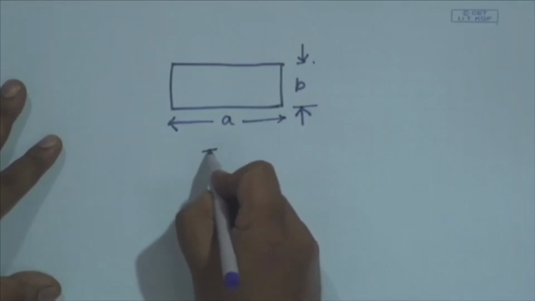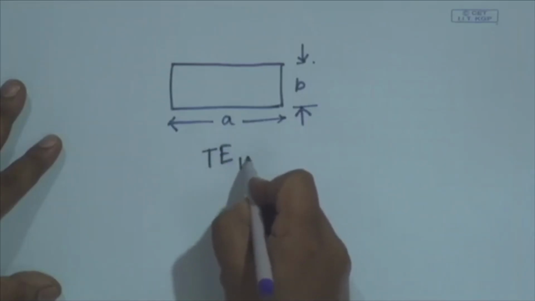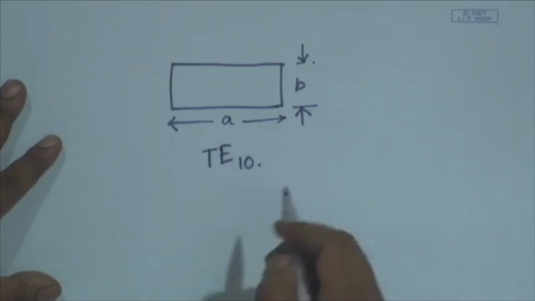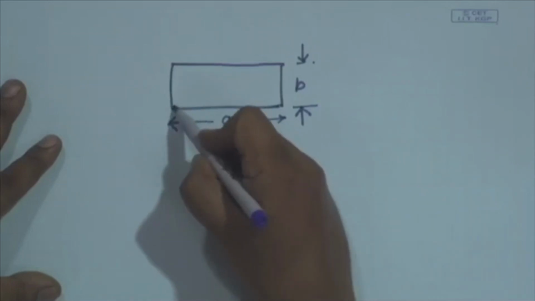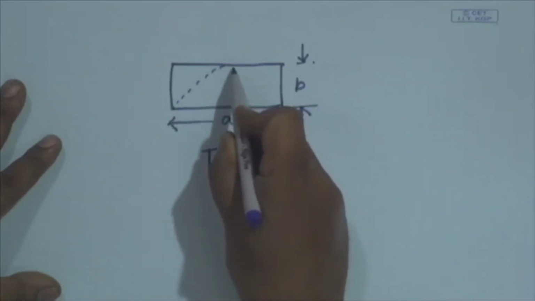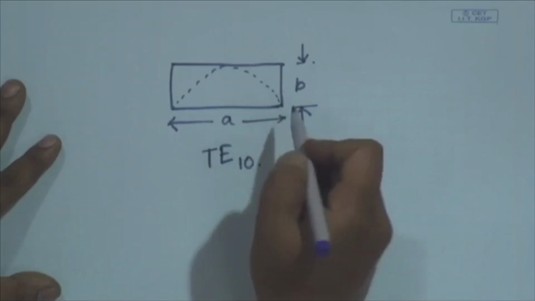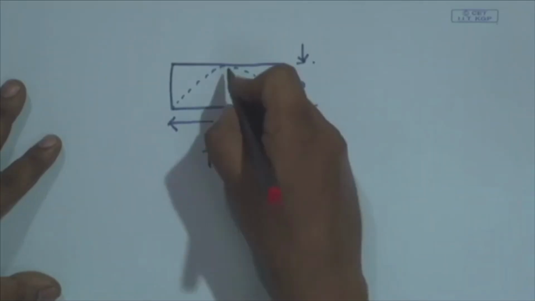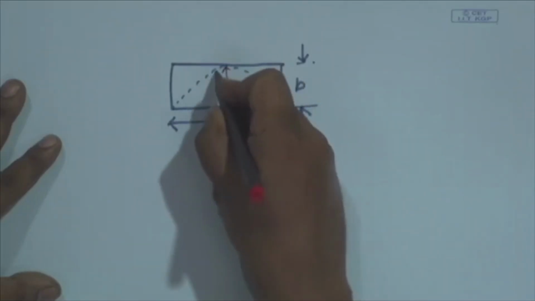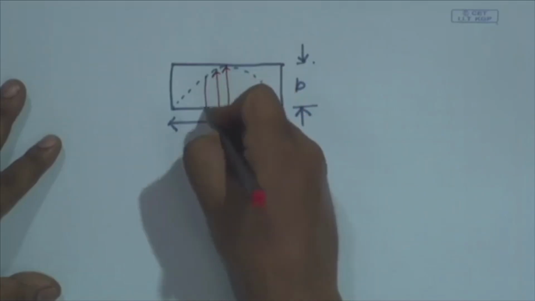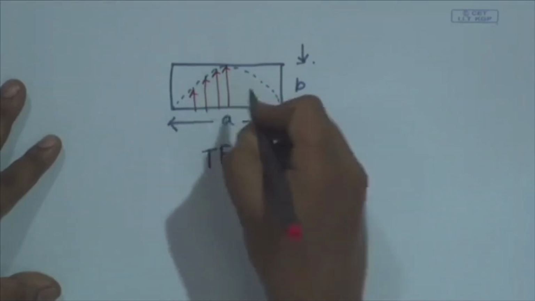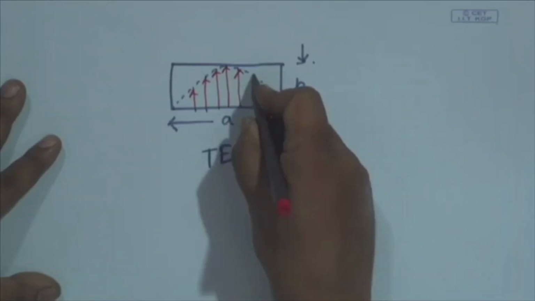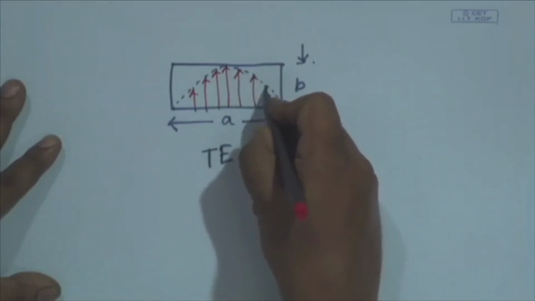If I consider TE10 mode excitation, then if I plot the field strength, it is maximum on the central plane and the direction of electric field is perpendicular to the direction of propagation as well as to the broadside.